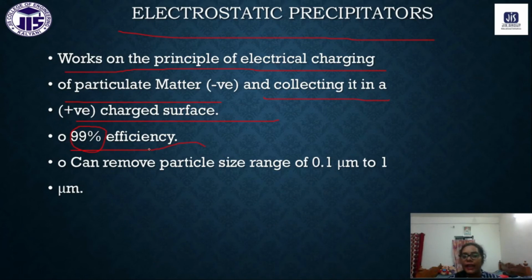Efficiency is very high, and it can remove particle sizes in the range of 0.1 to 1 micrometer. That means very small particles can also be removed by this electrostatic precipitator. And that's why the electrostatic precipitator is very important to control air pollution.